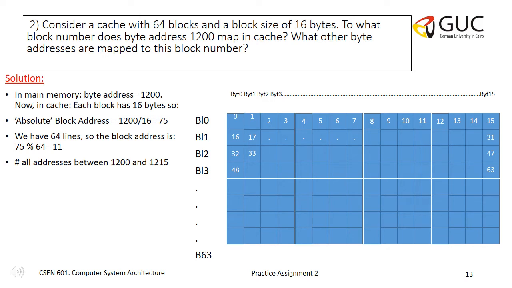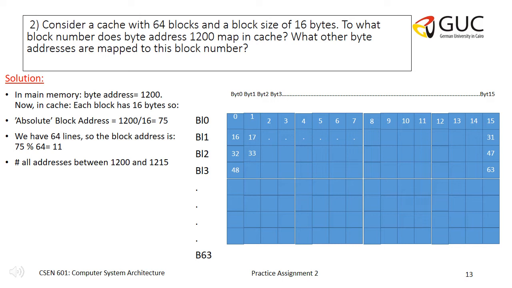How can we map the 75 to the 64 blocks? Easy. We can do a modulus calculation. So 75 modulus 64 gives us 11, where 11 is the block number that address 1200 belongs to.